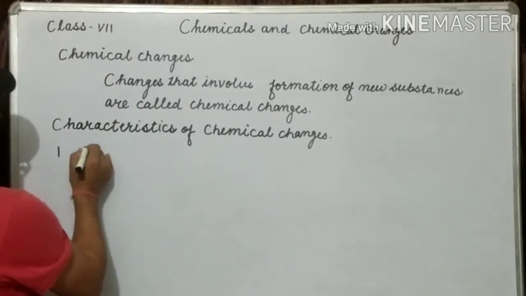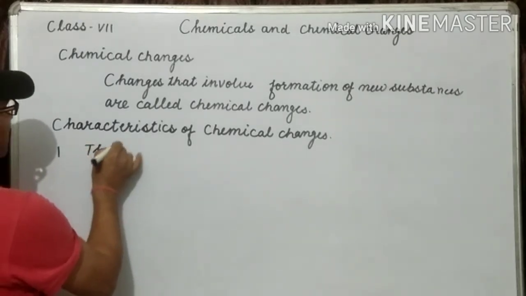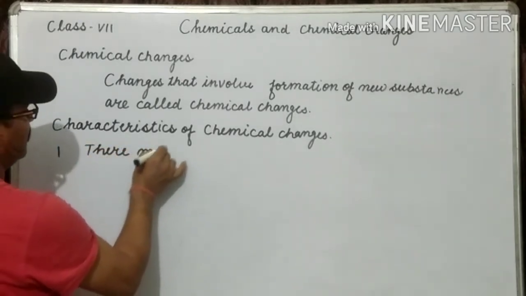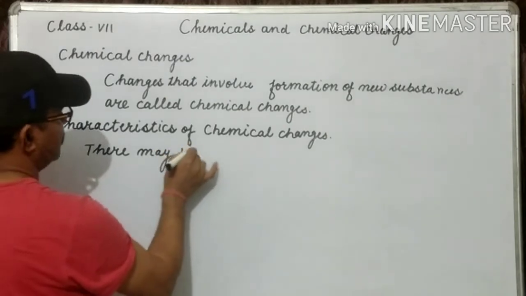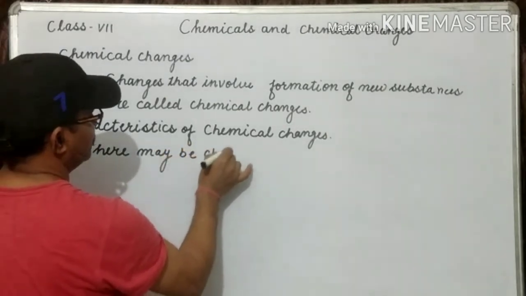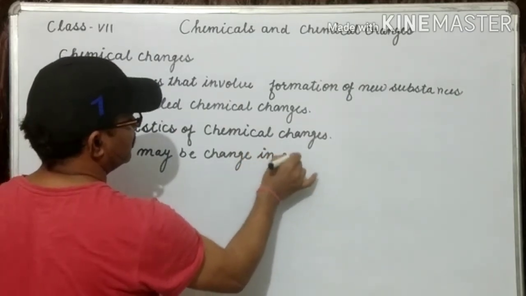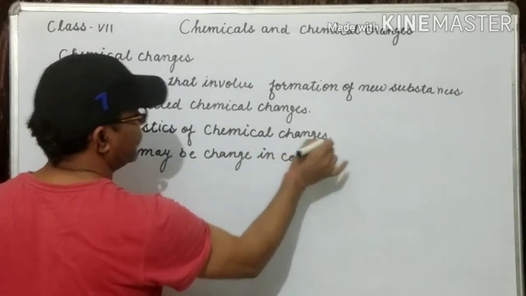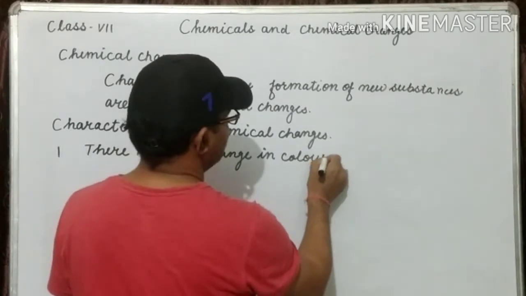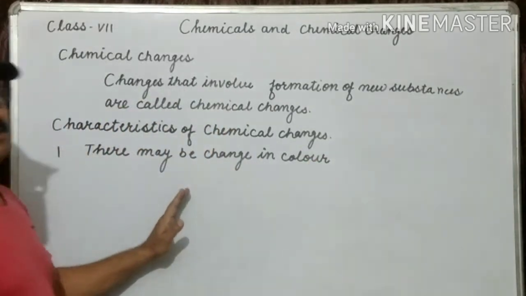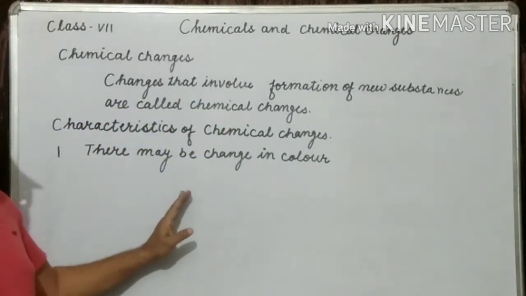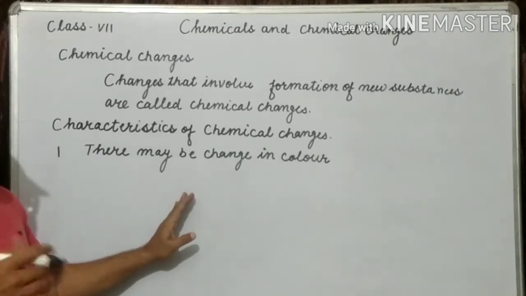In chemical changes, we get a product, and the product may change in color.